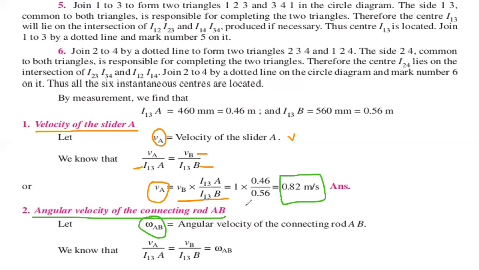Let omega AB be the angular velocity of the connecting rod AB. Then we know the same formula. This same formula is to be substituted here for the angular velocity of AB, the same old formula as repeated in the velocity of the slider.